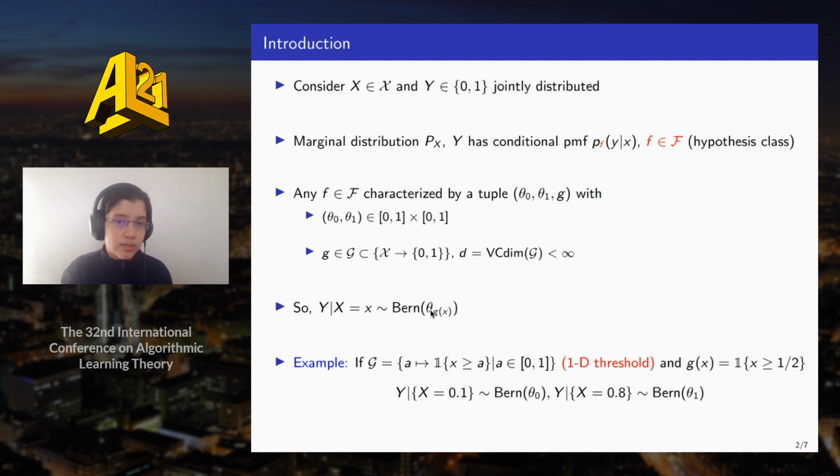Let's say we choose the particular g(x) to be the threshold function with threshold at half. Then y given x equals 0.1 is distributed as Bernoulli theta 0, and y given x equals anything greater than half, like 0.8, is distributed as Bernoulli theta 1.